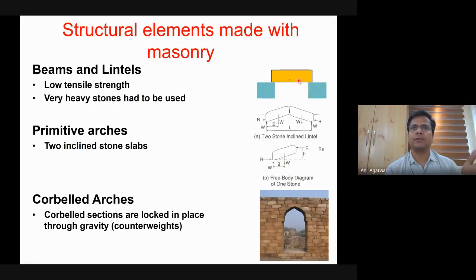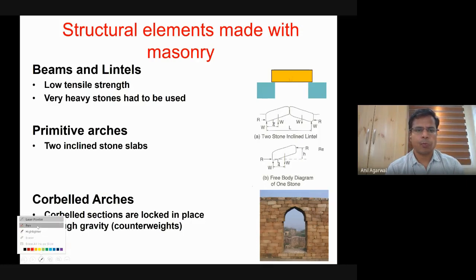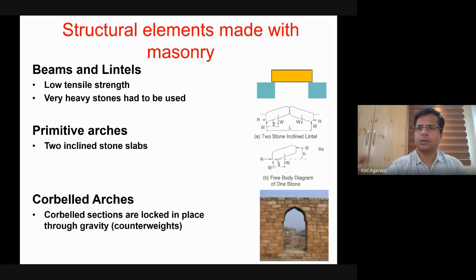So your doors and windows were very narrow. And also the bricks were susceptible to tensile cracking. So you used to have this kind of tensile crack developing. I have marked a few lines here. Some kind of tensile cracks would appear here, and that's where the brick would fail in tension.